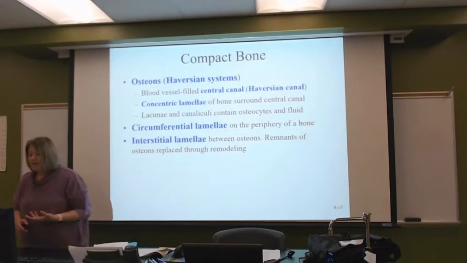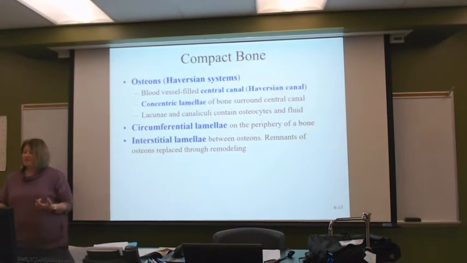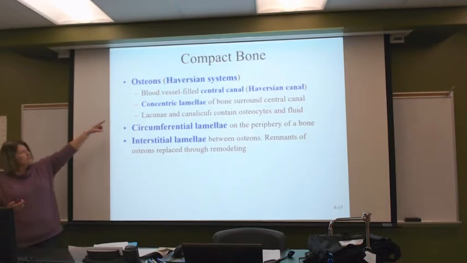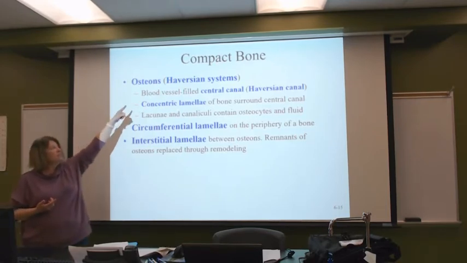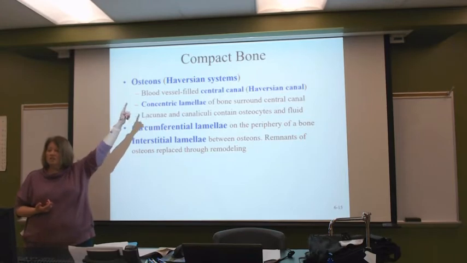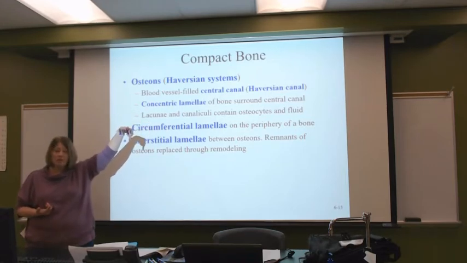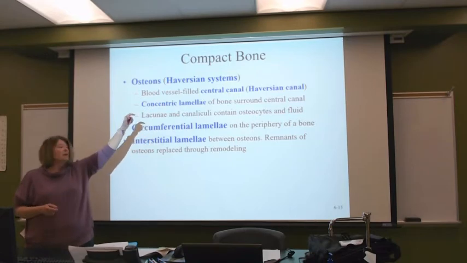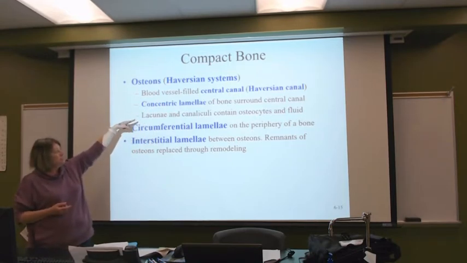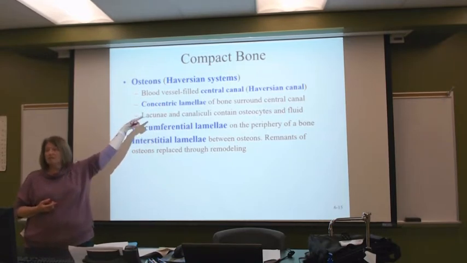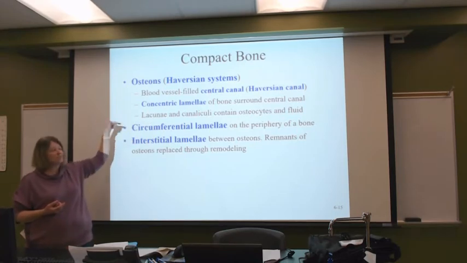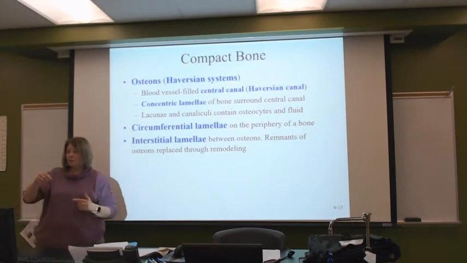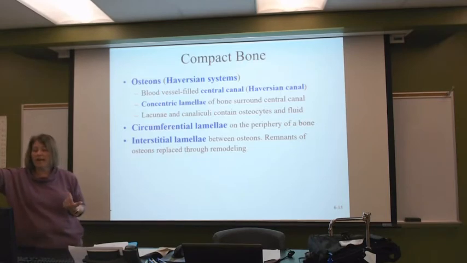Those osteons, the Haversian system, yes, it's a blood vessel. It's also termed a central canal because it runs right down through the middle. Now, I mentioned the concentric lamella and the interstitial, and I tried to point out those will also have osteocytes.